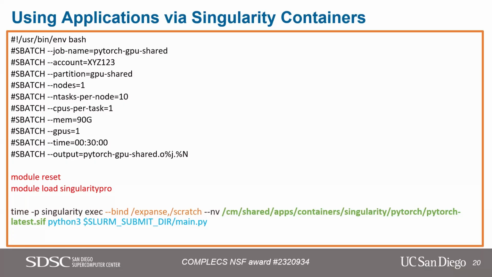And the last part is about the exact Singularity command we are running in this example. In this example, we add a bind path, specifying where our Singularity container is saved, and how to run the executable inside the Singularity container, as highlighted in blue.